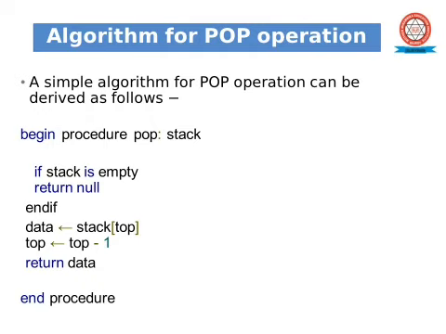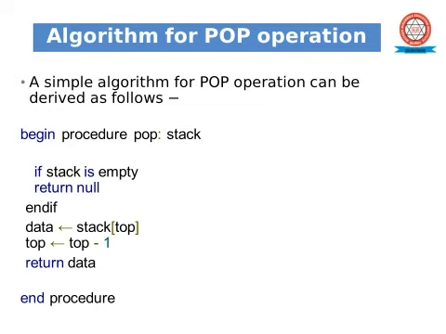Algorithm for pop operation. A simple algorithm for pop operation can be derived as follows. So the algorithm starts with begin procedure pop. If stack is empty, return null, and if means the condition is over.